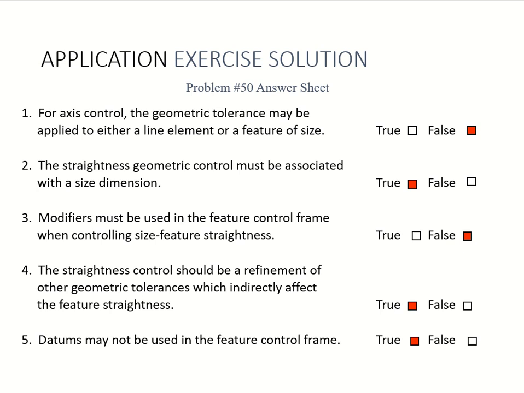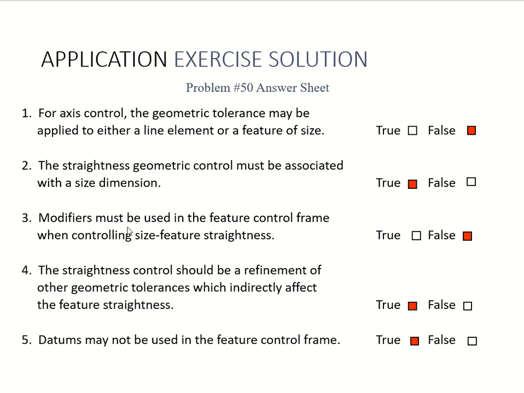We talked about the axis control, the geometric tolerance, and when you apply it, we always apply it to the line element or feature and straightness. And then we talked about how the straightness geometric control has to be associated with the size dimension. We do it again and again: your size limits, your modifier, your MMC.